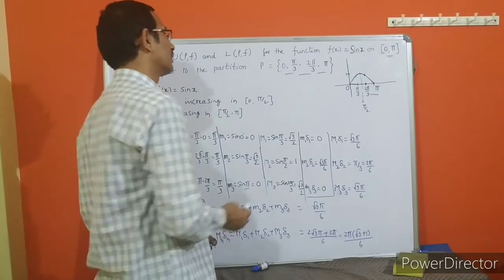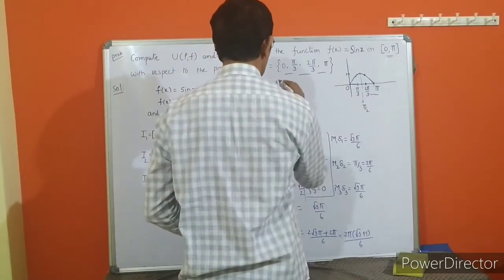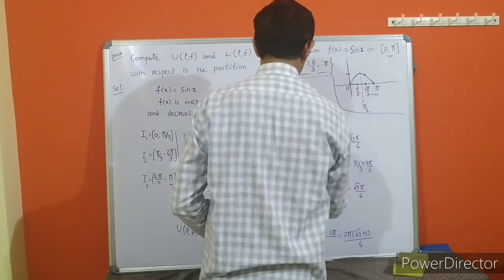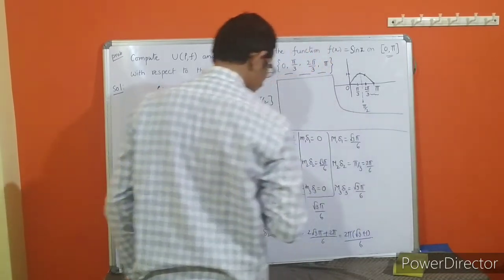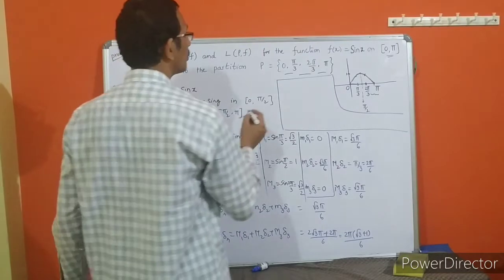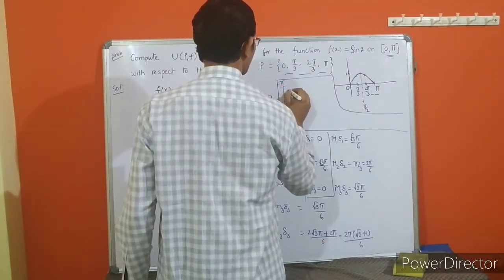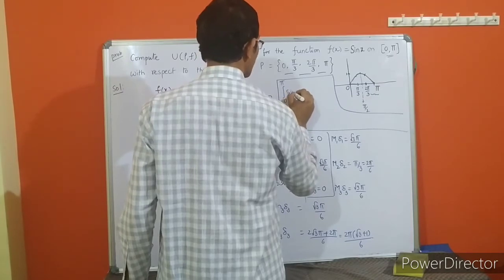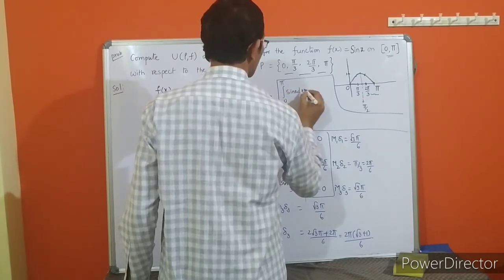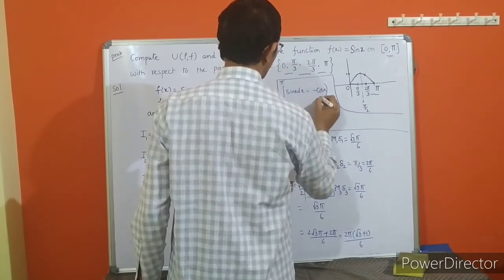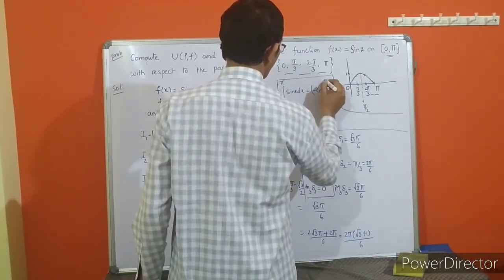Again, the original value, of course this is not part of the problem. The problem is already over, but for the sake of interest I am giving you the value of the integral 0 to pi sin x dx. Sin x integration is minus cos x and the limits are 0 to pi.